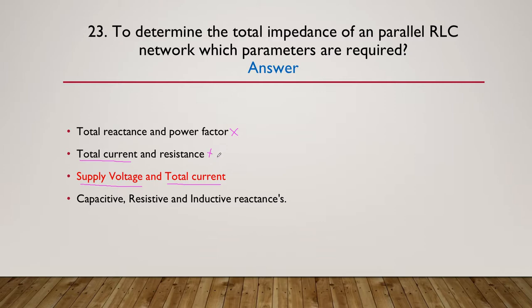There could be other currents involved, so that one had to be eliminated. And capacitive, resistive, and inductive reactances will play their part, but it's not enough information to be able to get to the impedance. The only way we can get to the total impedance is using the supply voltage and the supply current.